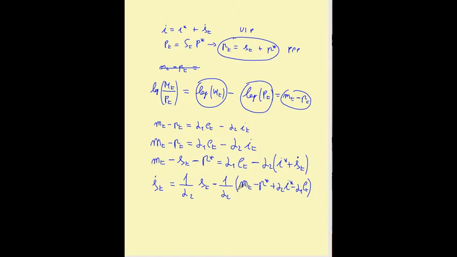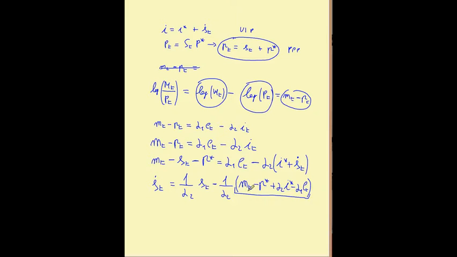This is a differential equation in the exchange rate, okay? This part contains all the exogenous variables: nominal money stock, foreign prices, foreign interest rate, and the level of consumption are exogenous in this model.